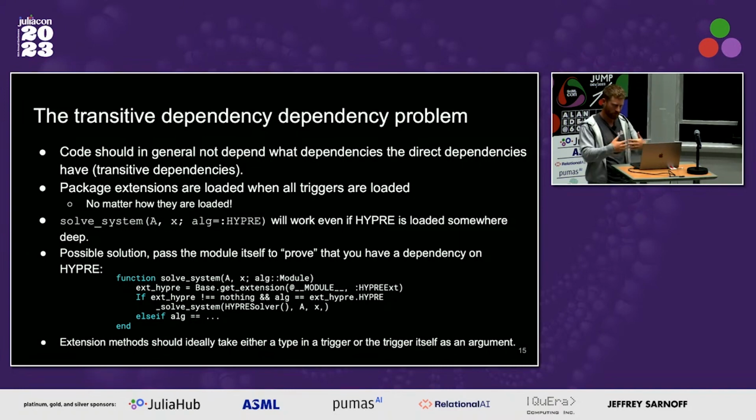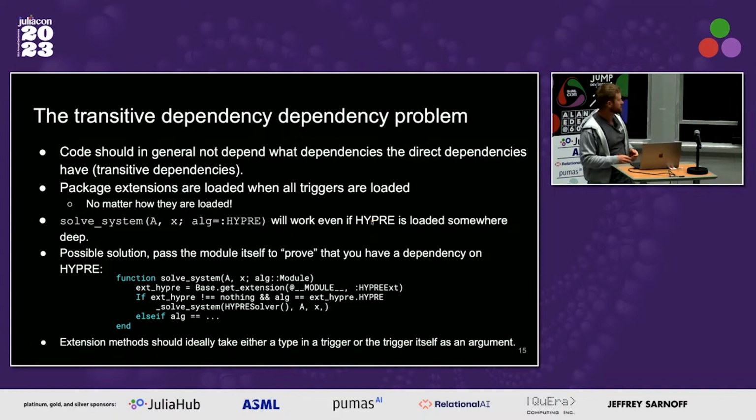I should only depend on my direct dependencies. But package extensions are loaded when all the triggers are loaded, and it doesn't matter how they're loaded, just that someone loaded them, then the extension code will run. So this code here will run and work even if this Hyper package was loaded by some other random package deep down in the dependency graph.